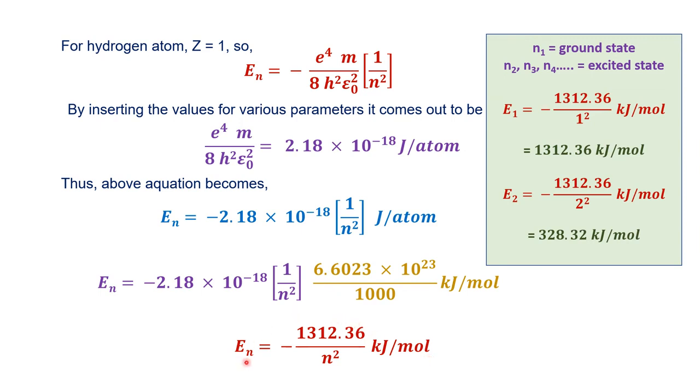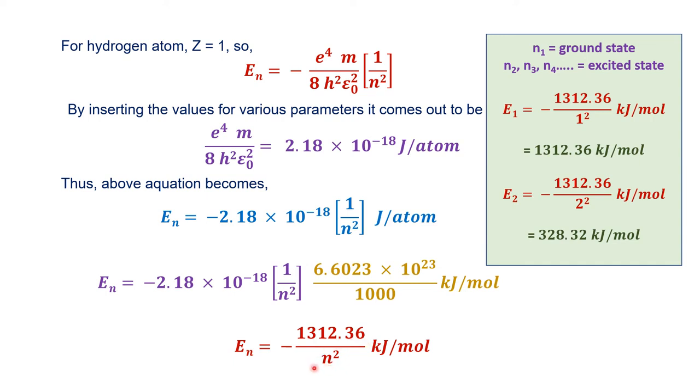If we take it as E1, E2 and E3, we can calculate the energy of each orbital if we know its principal quantum number, that is 1, 2 or 3. So n=1 is known as ground state, n=2, n=3, n=4 and so on, these are known as excited states. So we will calculate the energy value for E1, that is equal to minus 1312.36 divided by n square.